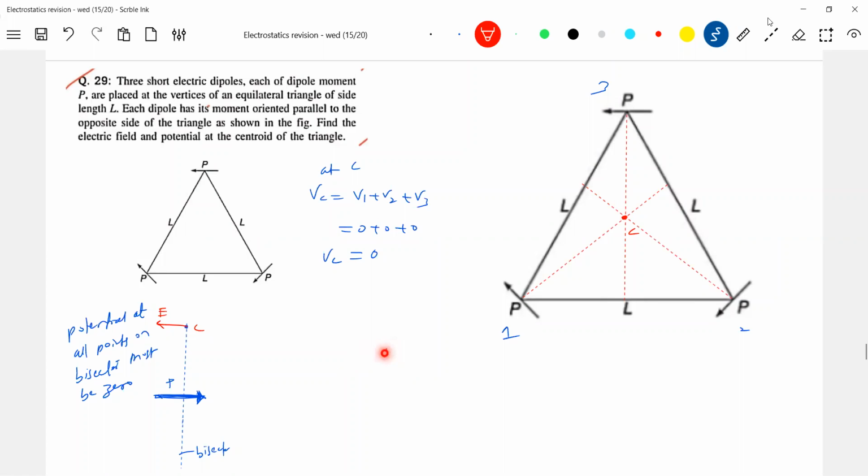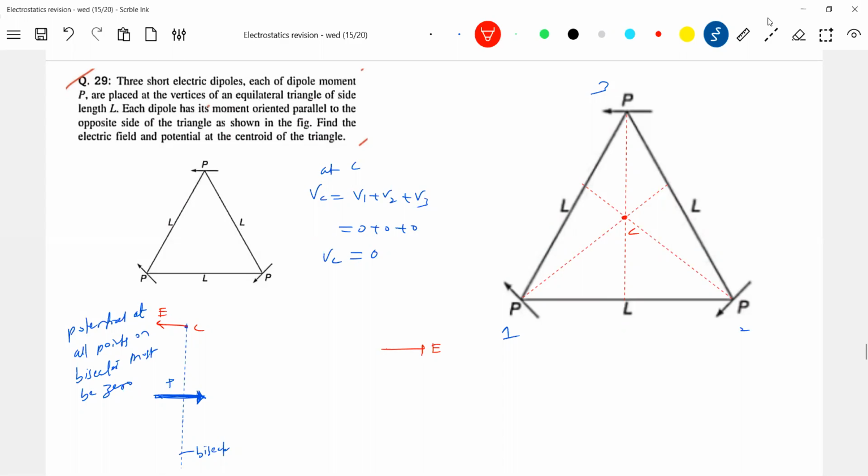Sir, the 3 dipoles are not symmetric. Which one? The 3 dipoles are not symmetric, like each of them will not have an angle of 120 degrees between them. Because if you take the top one and the left one, the arrows are pointing in one direction.